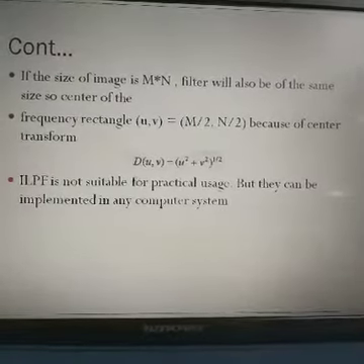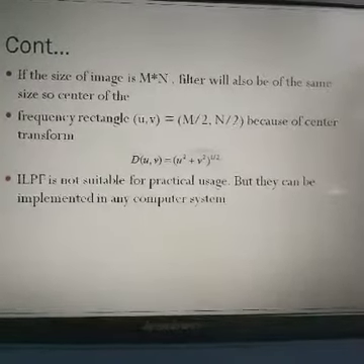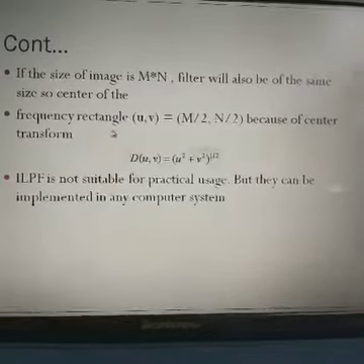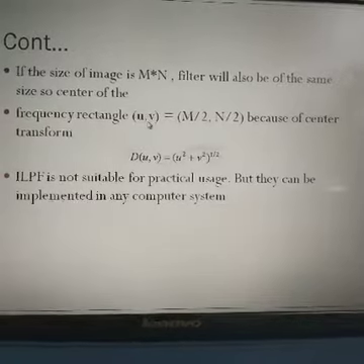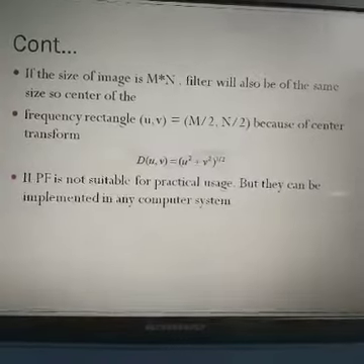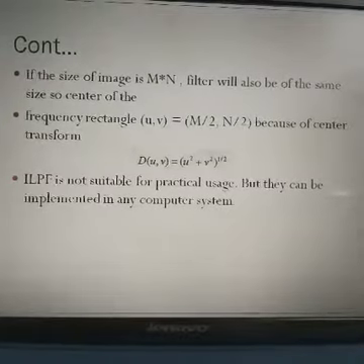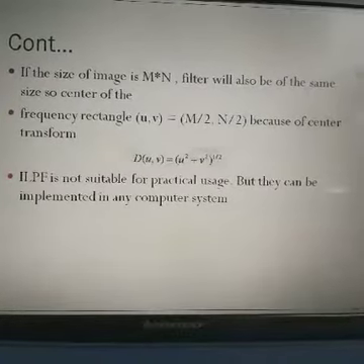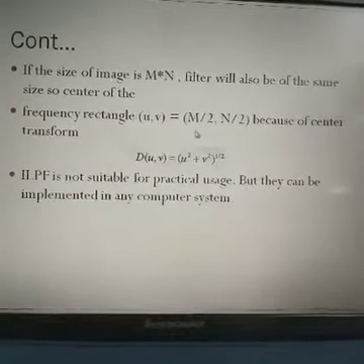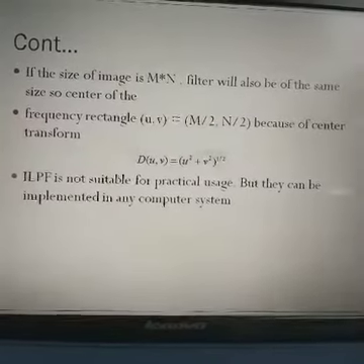So if we have any image of size M into N, number of rows into columns, then the filter will also be the same size. So for the center of the frequency rectangle, the image size and the filter size we have to take the same. The filter transformation function is either 1 or 0 depending upon the distance value. So its value will be the frequency rectangle H(u,v), that is the filter function or the mask.